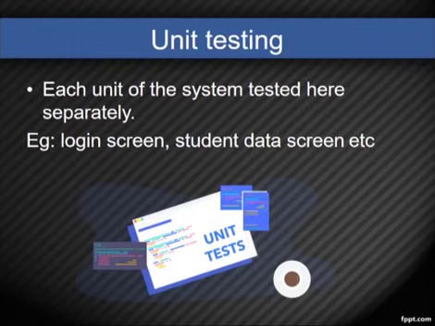We have the login screen, a student entering screen, and a screen to enroll the student to a class. There are many components, so we have to test each and every component separately. For example, on the login screen, when you input the username and password and click the OK button, it should work perfectly and move to the next screen. That is the unit test. We have to test each separate unit to check that it works perfectly.